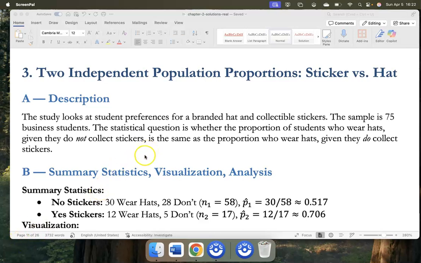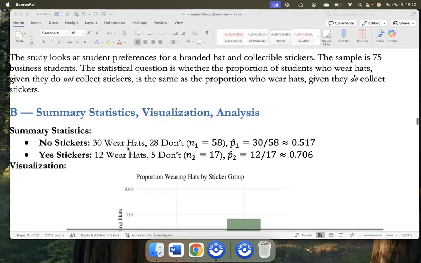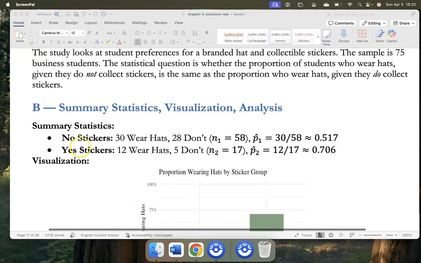Okay, so we're looking at the proportion of people that wear hats given their sticker affinity, right? And so here we have our sample statistics. It is important to know that collecting stickers versus not collecting stickers is a categorical binary variable, and wearing a hat versus not wearing a hat is, again, a categorical binary variable.